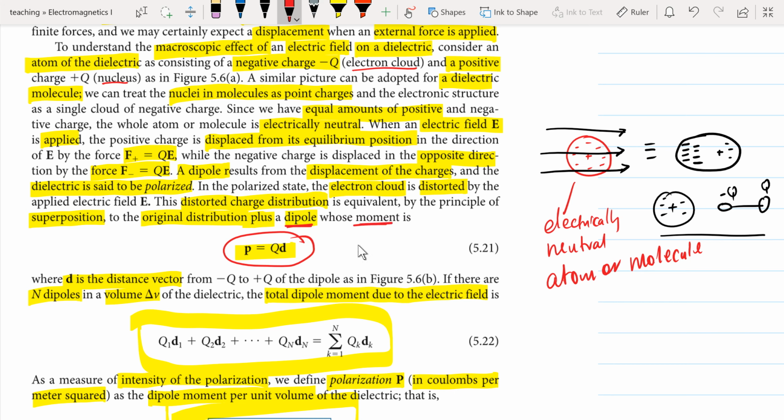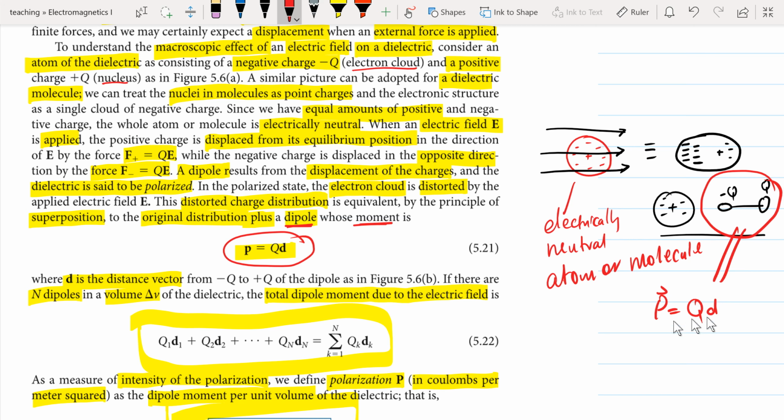And therefore, this alignment of charge constitutes what we are calling a dipole, and the dipole has the moment p, which can be obtained by the charge itself multiplied by the displacement or the distance vector between the two charges.